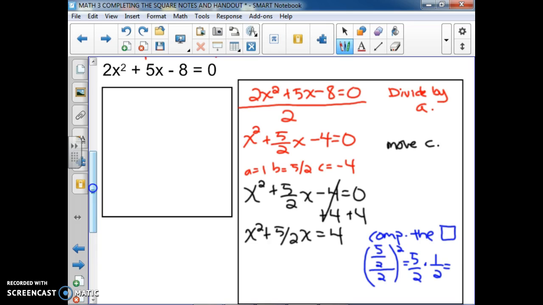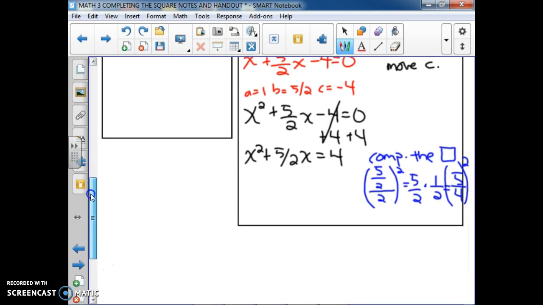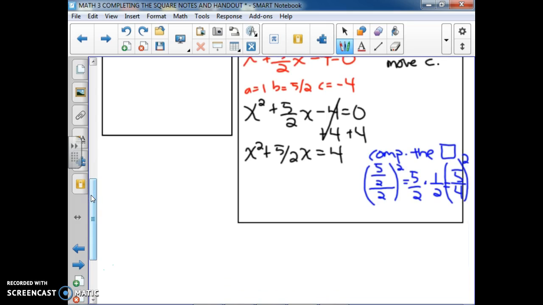So 5 times 1 is 5, and 2 times 2 is 4. Now you still need to square that because our formula says b over 2 squared. So 5 over 4 squared is equal to 25 over 16. Oh, how we love fractions.